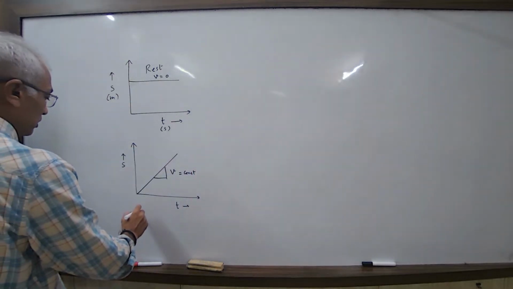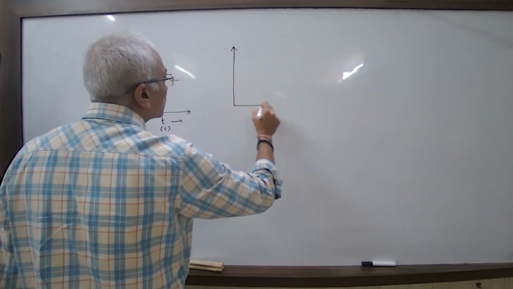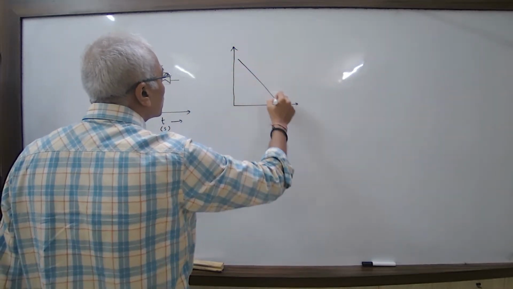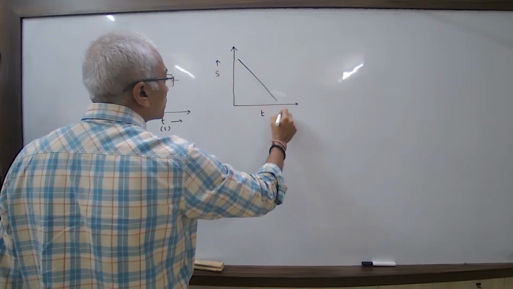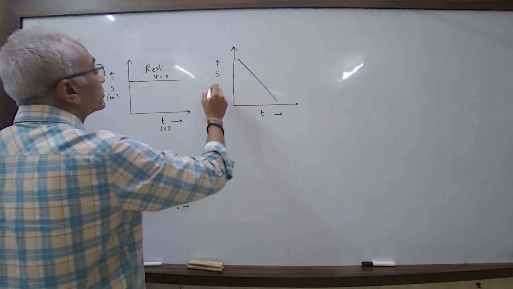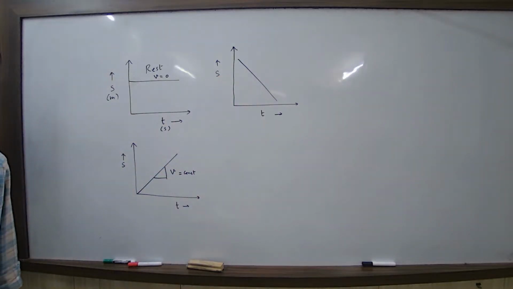Then if the graph is like this, what does this mean? Uniform retardation? Where will retardation come from? Velocity is changing.